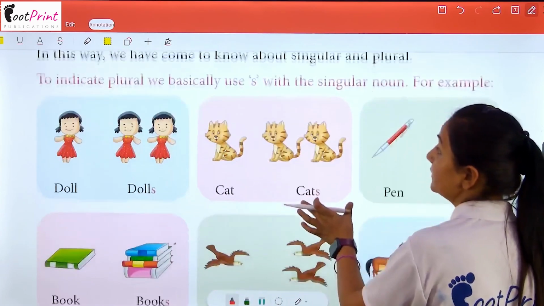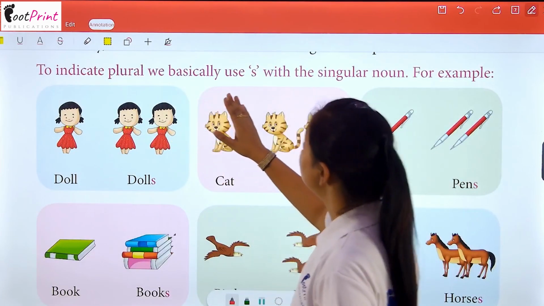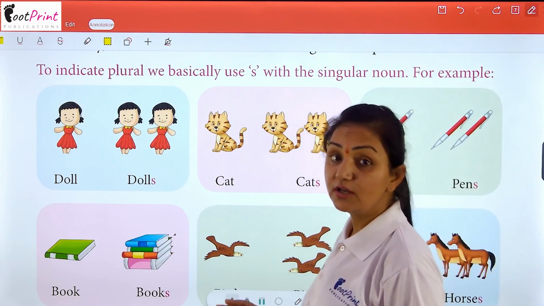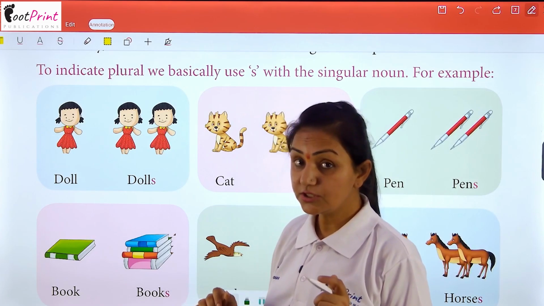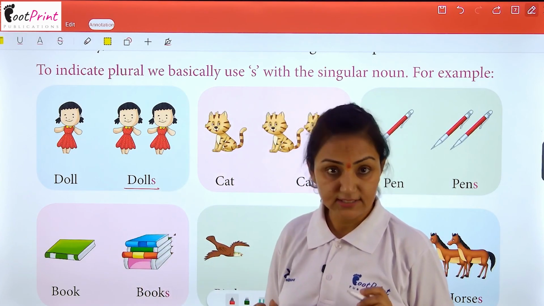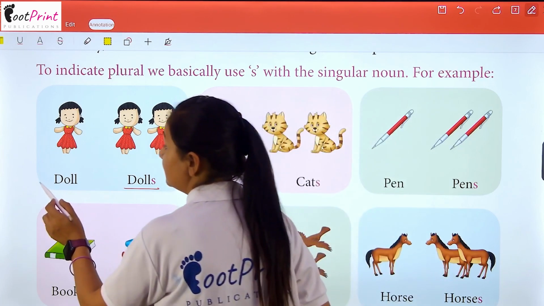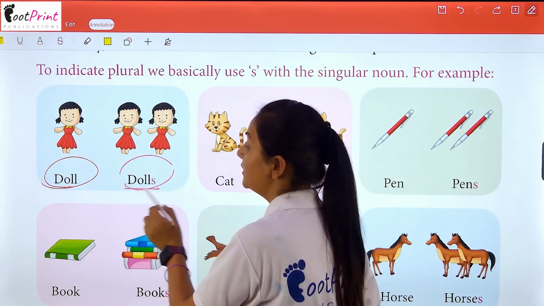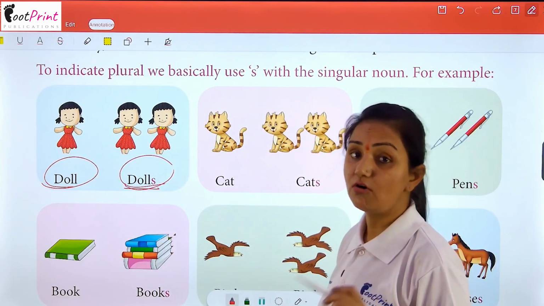Clear? To indicate plural, we basically use S with a singular noun. When we are talking about the plural form, we need to take care to put S there. Is it clear? One doll will be doll and more than one will be dolls.